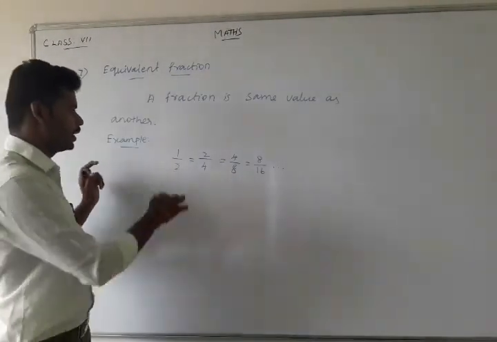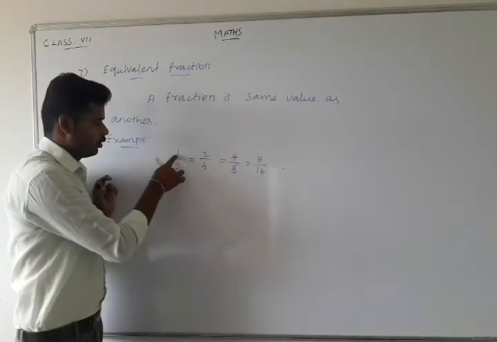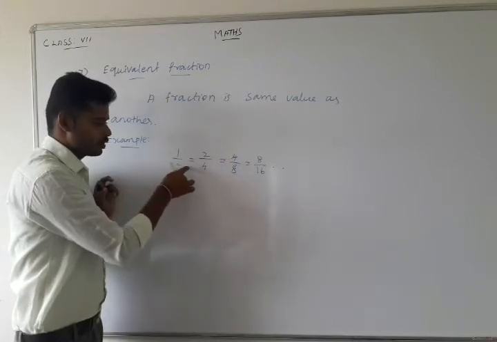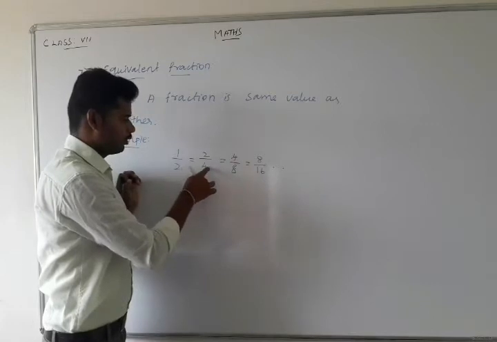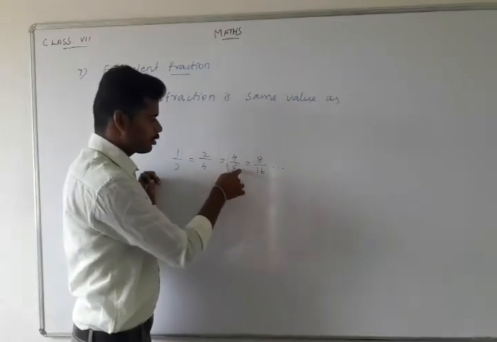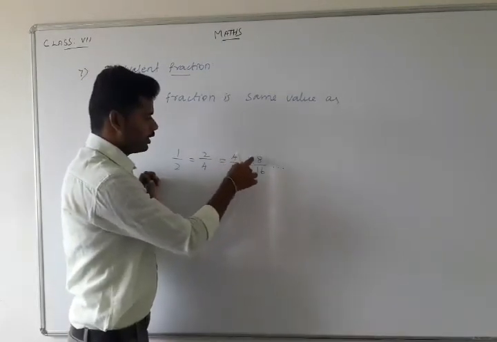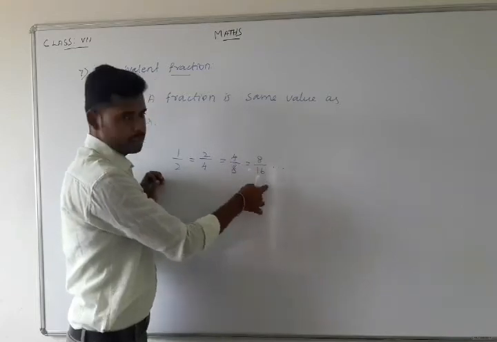Here 1 by 2, multiply by 2 here and also multiply by 2 here: 1 twos are 2, 2 twos are 4. Same here, 2 times 2 is 4, 4 times 2 is 8. Here also, 4 times 2 is 8, 8 times 2 is 16.